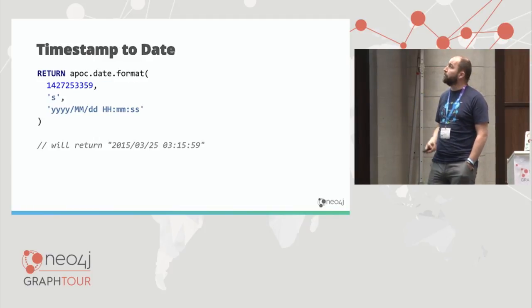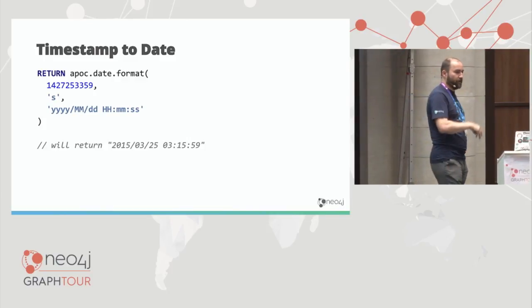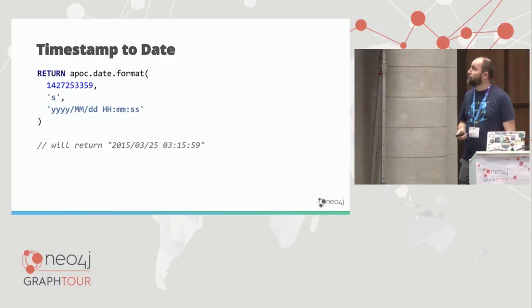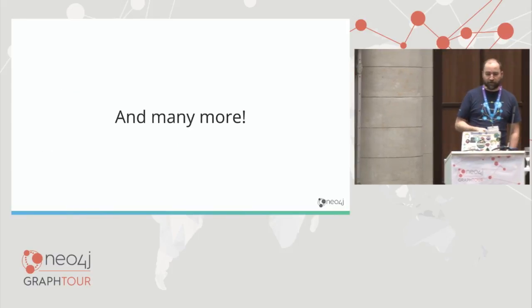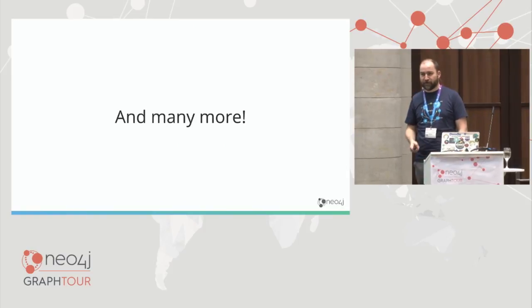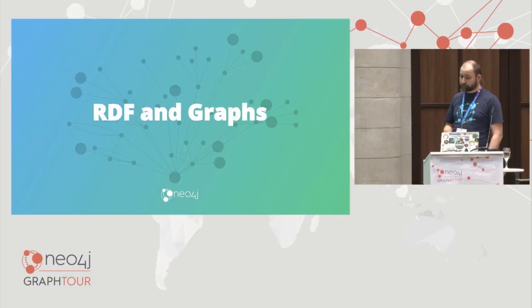The same thing works the other way around as well. So you can take a timestamp in milliseconds and format it as a date in any format that you want. Really useful. And many more. As I said, it's 400 of them. So there's also comprehensive documentation, and you can find all of them there.